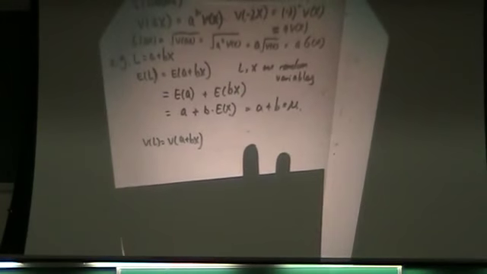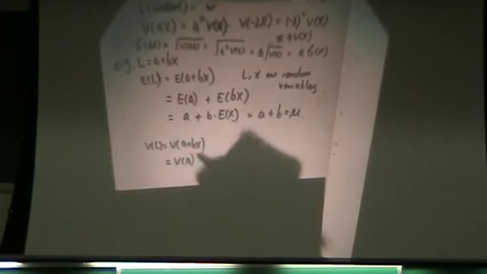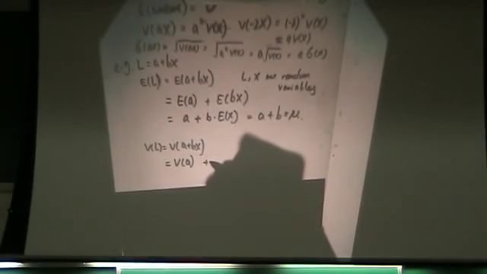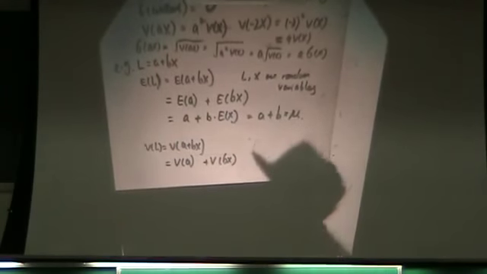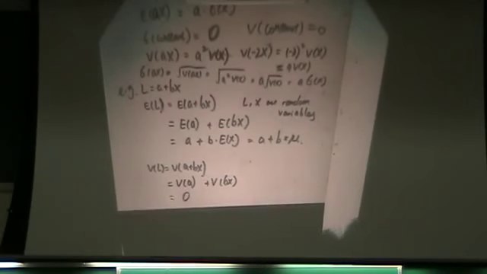The second is the variance of A plus Bx. We do the same thing, we could separate them out: the variance of A plus the variance of Bx. As we learned before, the variance of a constant is just 0.